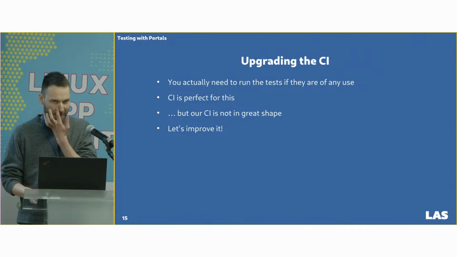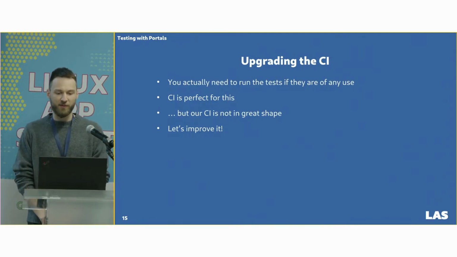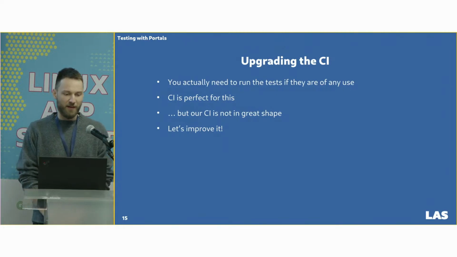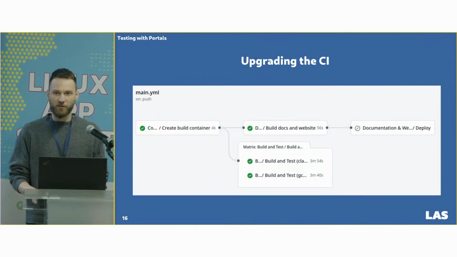But first of all, if you want to test things, the important part is actually running the tests. So the first thing I did is upgrade the CI and make sure that everything is working again there, so we can actually run the tests all the time whenever we commit and push. And it's working. We have been using the new CI for quite a while now.